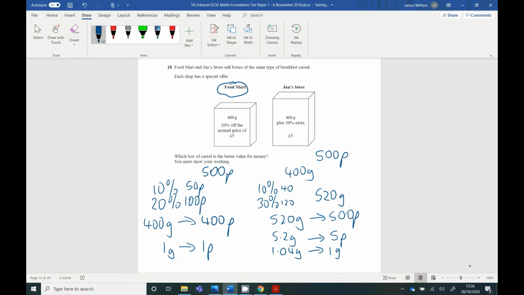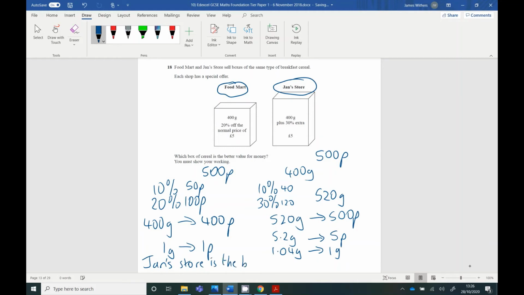So I can see that Jan's store is better value for money because I'm getting that extra bit. So which box of cereal is the better value for money? Jan's store is the better value for money.